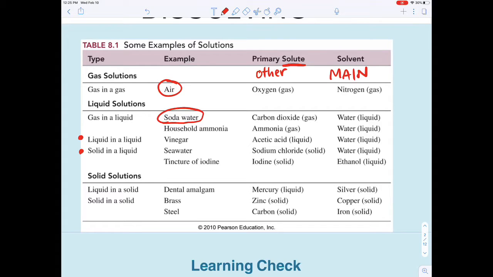And other examples like solid dissolved in solid. Brass and steel are what we call alloys, made up of different elements, often metals. Okay? So make sure you understand there are many kinds of solutions or homogeneous mixtures.